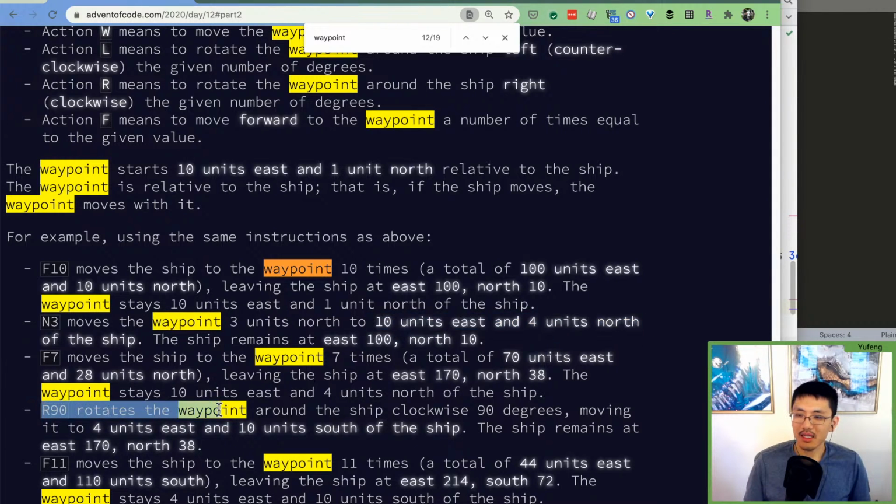Then R90 takes it from 10, 4 to being 4, negative 10. 90 degrees. Why is it negative 10? Oh, R90. Yes, yes, yes. R90. So it's minus 90.